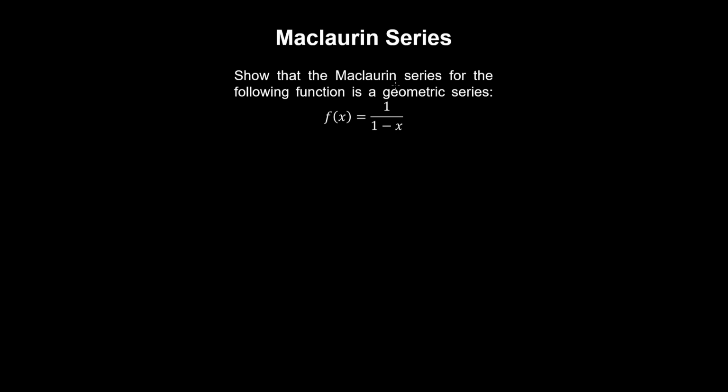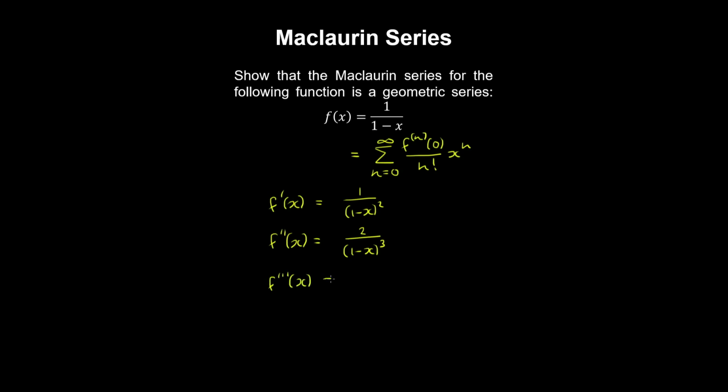Let's show that the Maclaurin series for the following function is a geometric series. So remember the form of the Maclaurin series. So we differentiate the function a number of times. And evaluate the function and its derivatives at x equals 0.